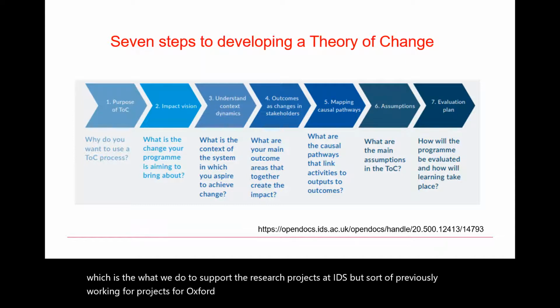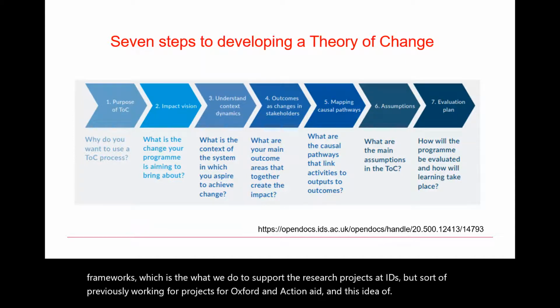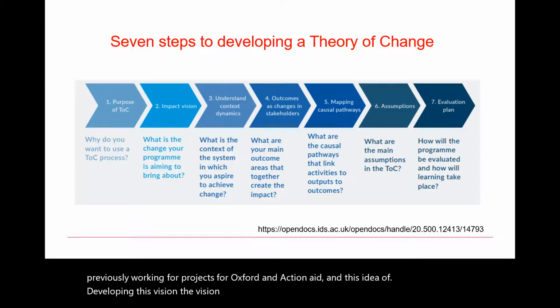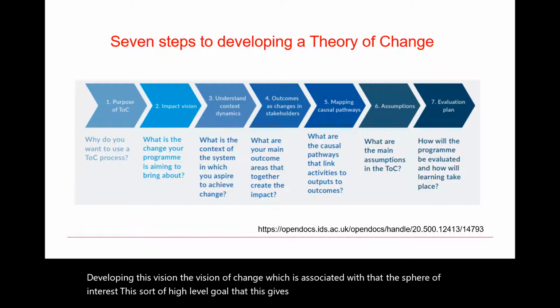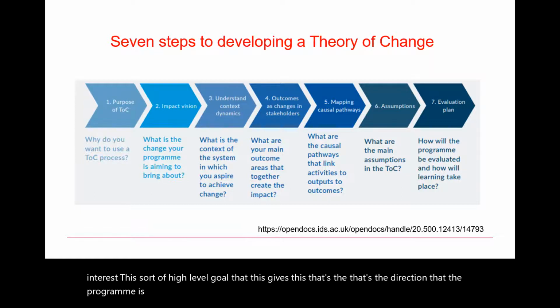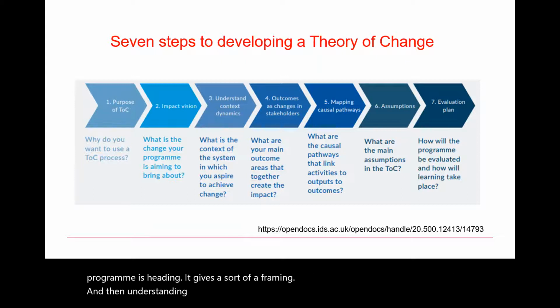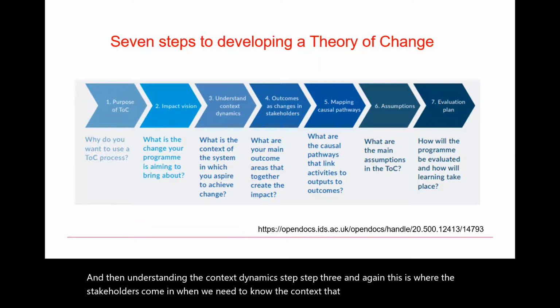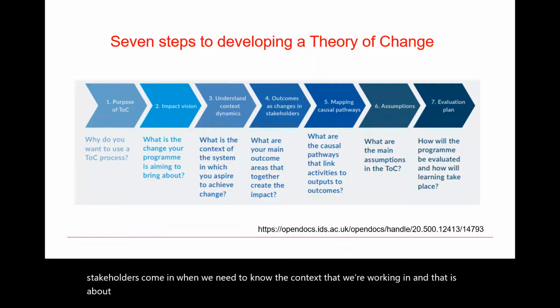And this idea of developing the vision, the vision of change, is associated with the sphere of interest, this high-level goal. That's the direction the program is heading. It gives you a framing, and then step 3 is understanding the context dynamics. Again, this is where the stakeholders come in. We need to know the context we're working in, which is about the institutions active in the space, whether geographically or thematically.